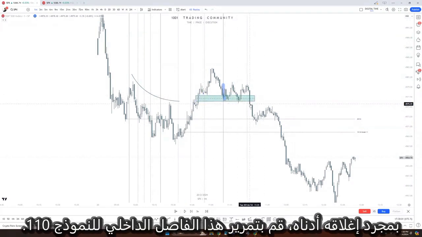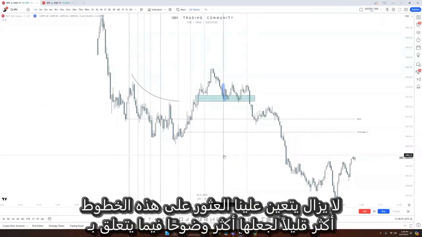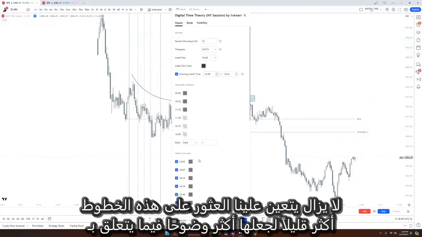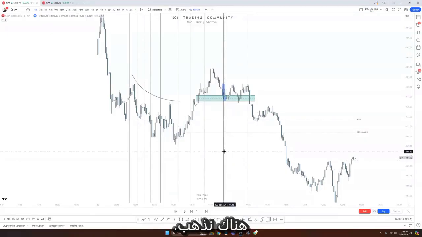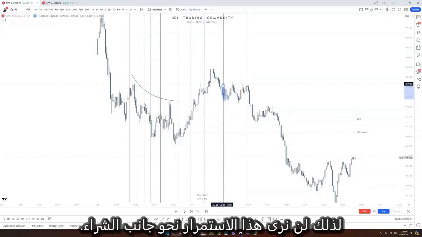Once it closes below, past this inner interval for Model 110, different model here, let's solidify these lines a bit more just to make it a bit more clear as to what the intervals are. There we go. And at that point, we can expect a reversal, so we're not going to see that continuation towards buy side.